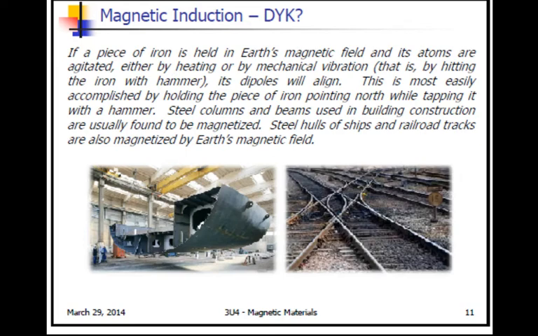The iron filings might not be oriented in the way the magnetic field is directed, but if you start hitting the piece of paper, they'll start to orient. So as we agitate something or move something, it'll start to become magnetized. Steel columns and beams used in construction are usually found to be magnetized. Steel hulls of ships and railroad tracks also are magnetized by the Earth's magnetic field.